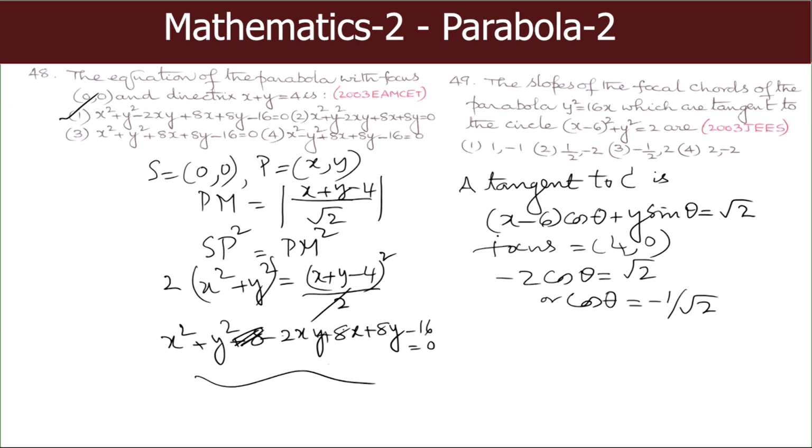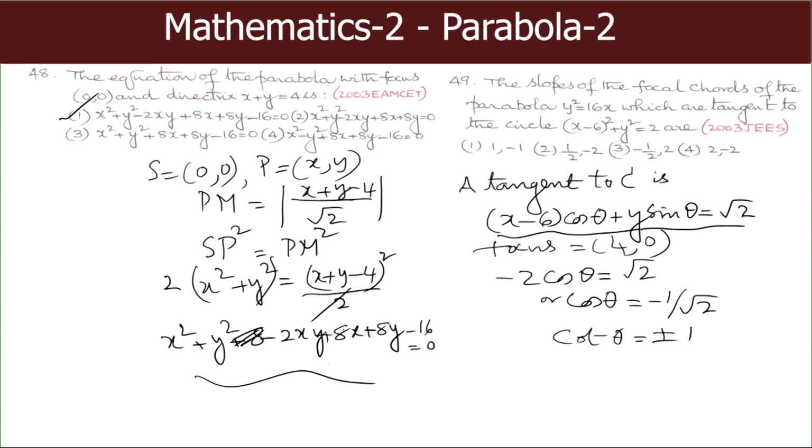What is the slope of this tangent? Minus cot theta. What is cot theta? Cos theta equal to minus 1 by root 2 and cot theta is numerically, 45 degrees, 1, plus or minus 1.